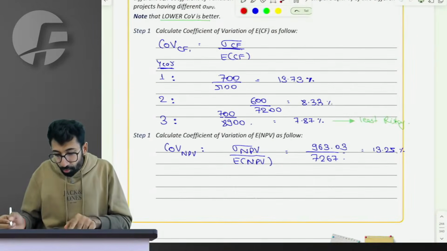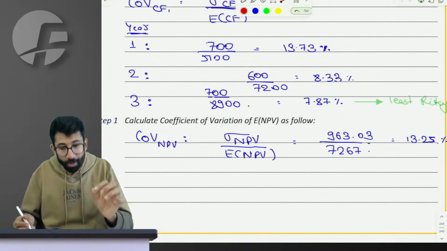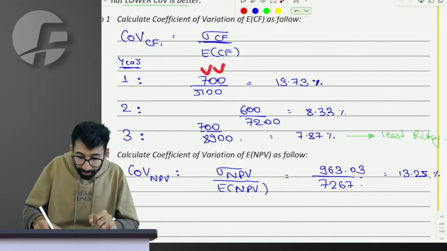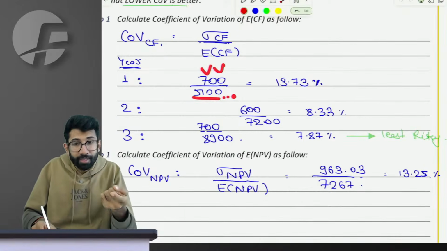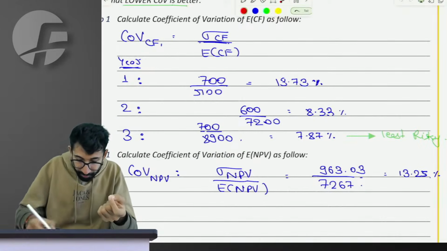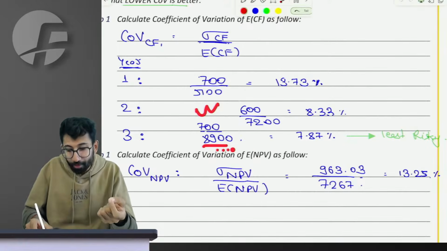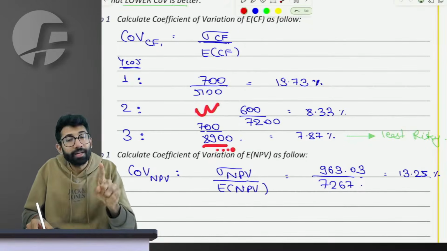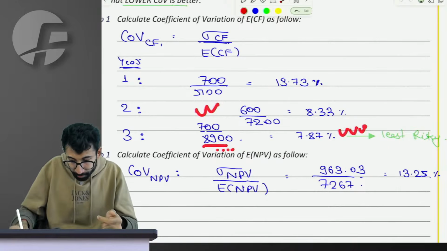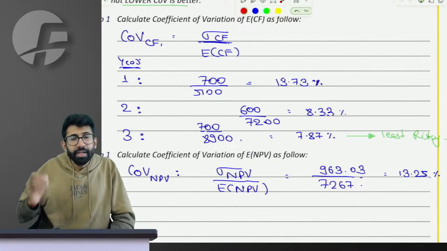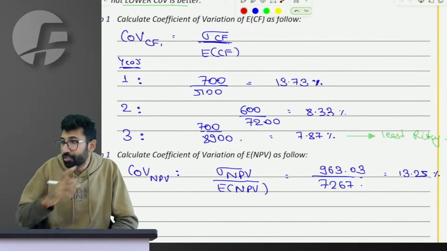But among the two, you will be able to better comment now that with 700 rupee risk, it was giving me 500 cash flow, and with 700 rupee risk, it is giving me 8900 cash flow. Can you feel that in percentage terms, this is the best situation? In fact, let me reverse all your conclusions.